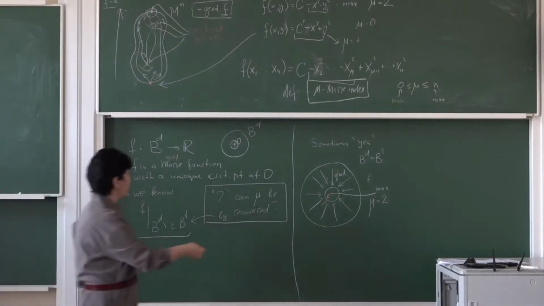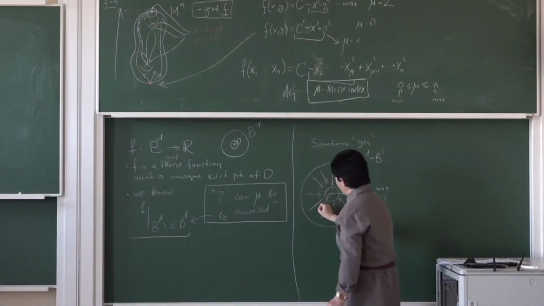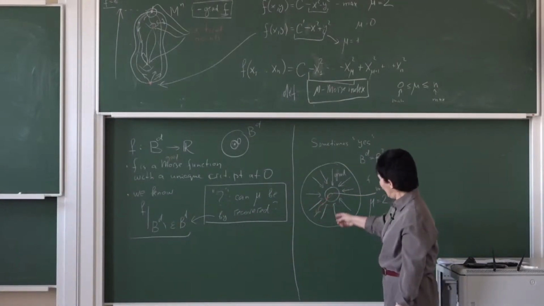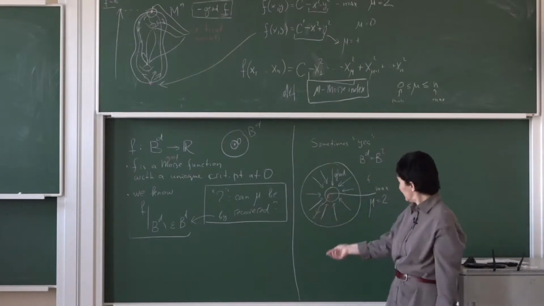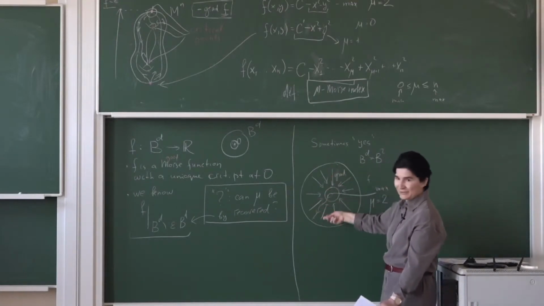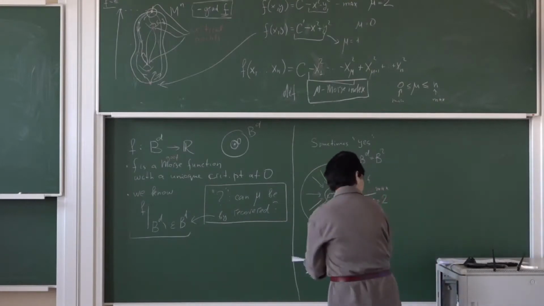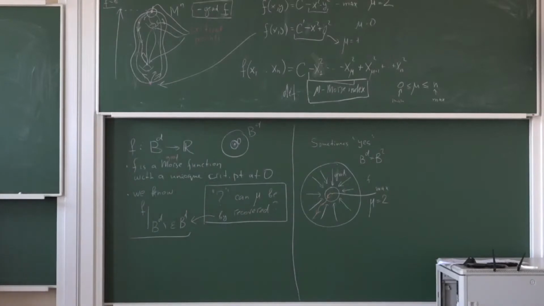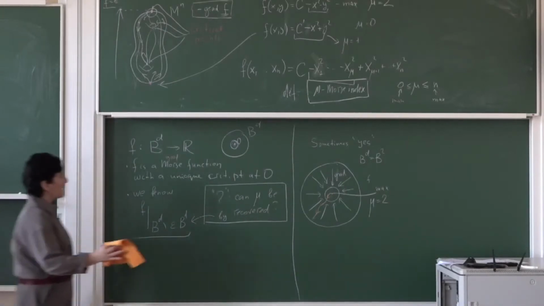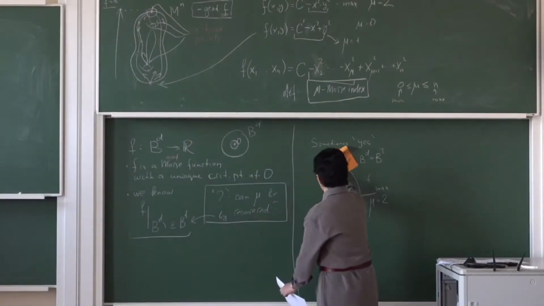So it cannot just stop somewhere here. It should go somewhere out of this small ball and then turn to the boundary. And by condition, this does not happen. So sometimes the answer is positive.